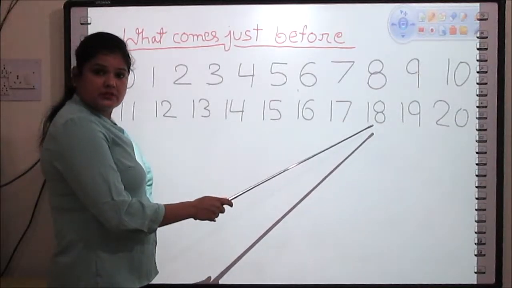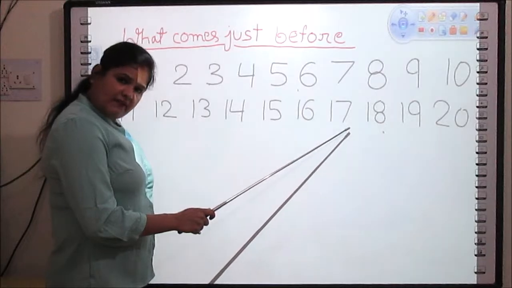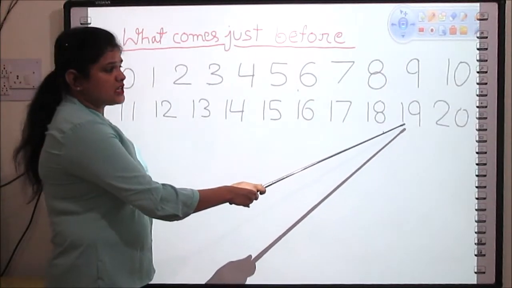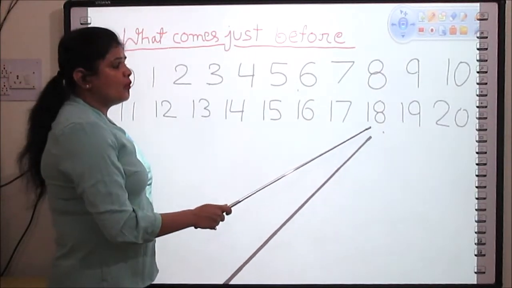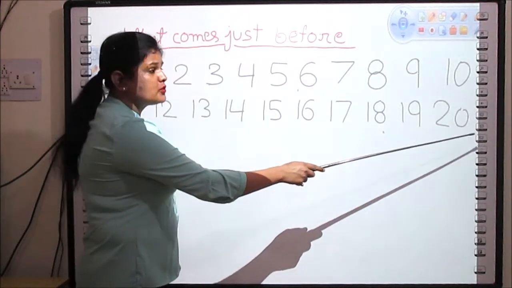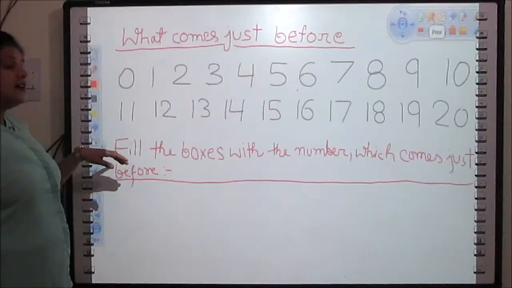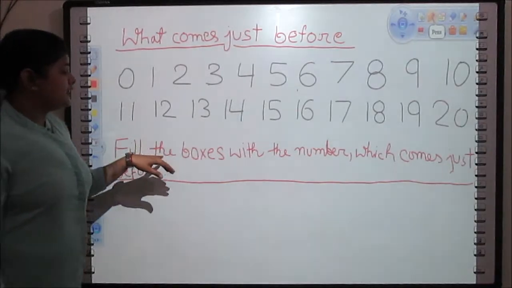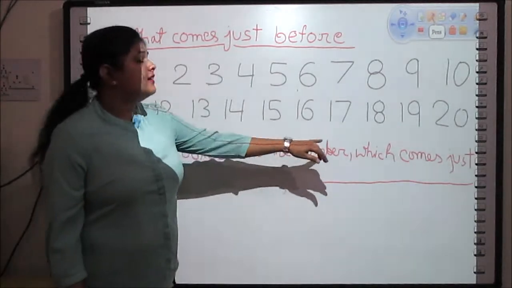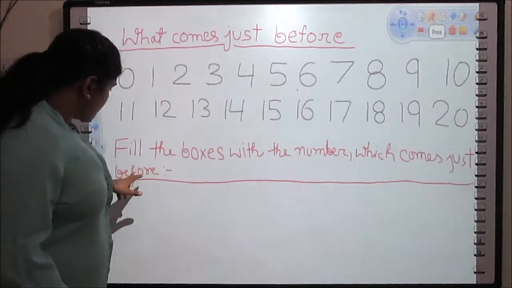What comes just before 18? 17. What comes just before 19? 18. What comes just before 20? 19. Let's fill the boxes with the number which comes just before.